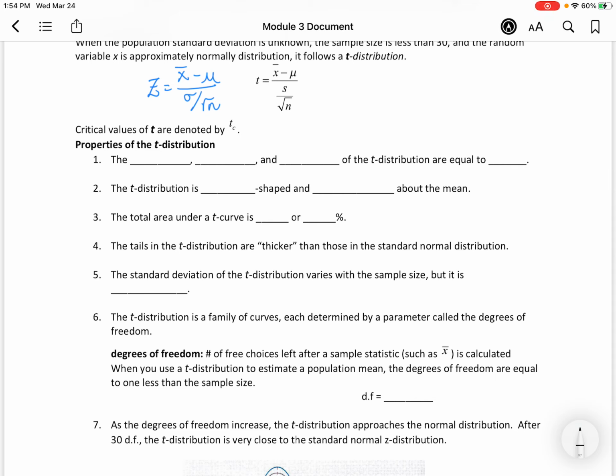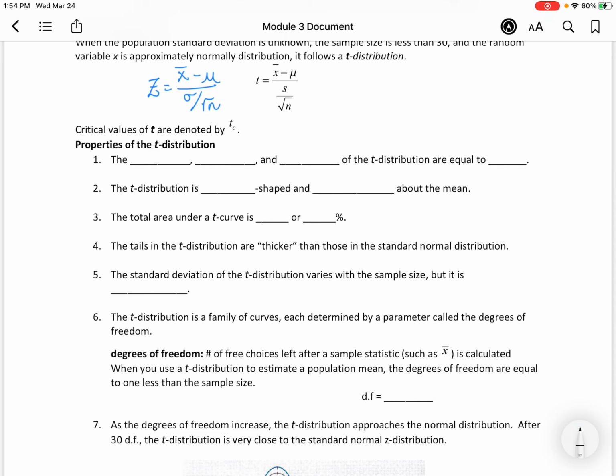So as n gets larger, the t curve gets closer and closer to the z curve. For large degrees of freedom, critical values for the t distribution are close to corresponding critical values for the normal distribution. For large n, t sub c's are close to your z sub c.